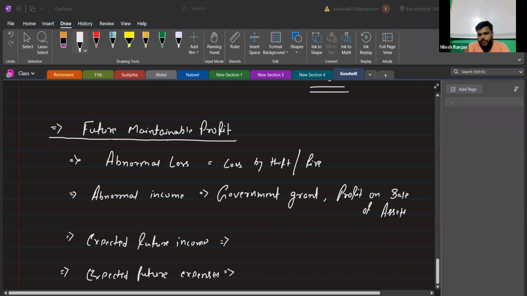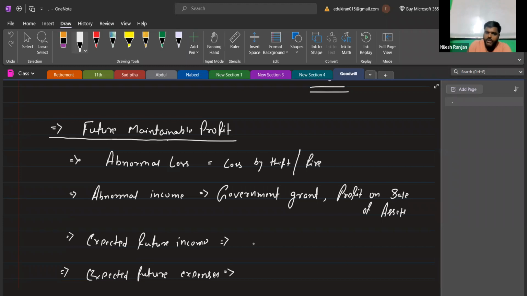Expected future income would be rent. If we have purchased a building in the current year and we let out the property, then we will earn rent from the next year. That's why it can be included. Yes. Very good.